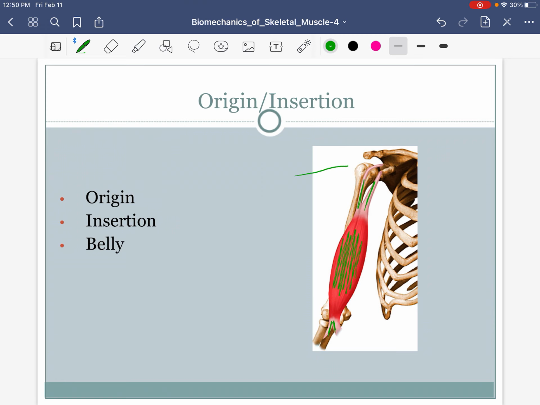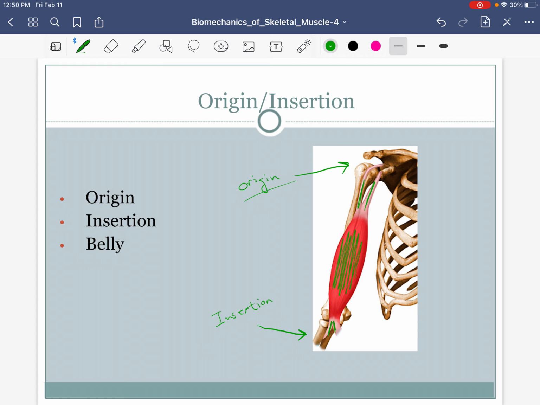The proximal attachment site is called the origin. Where that tendon inserts on the bone proximally is called the origin in almost every instance. The bony process where the tendon attaches distally is known as the insertion. I am going to be asking you to know some of these origins and insertions.